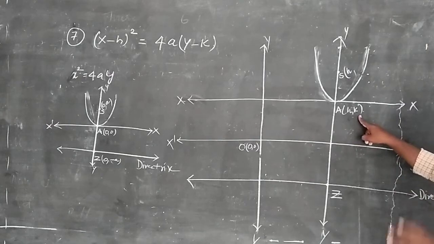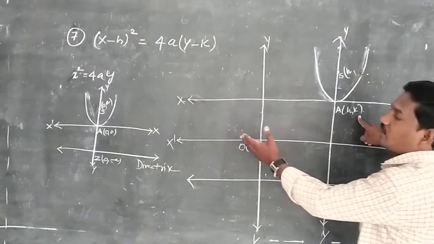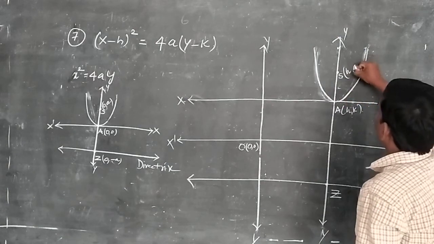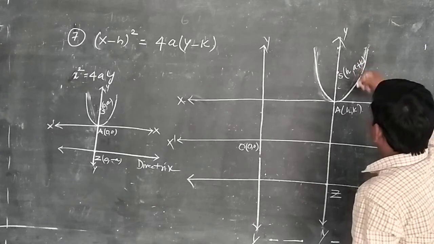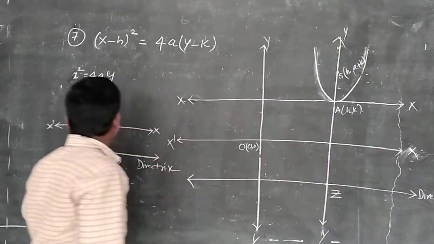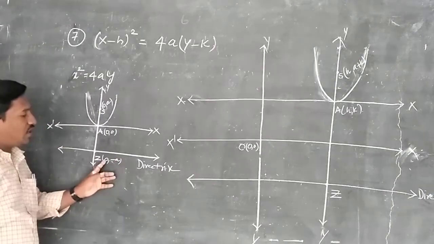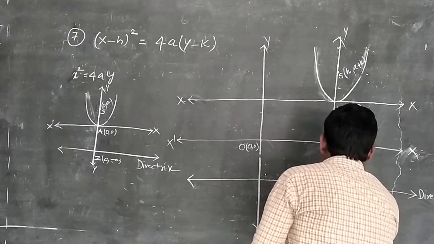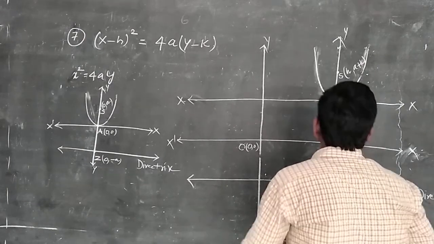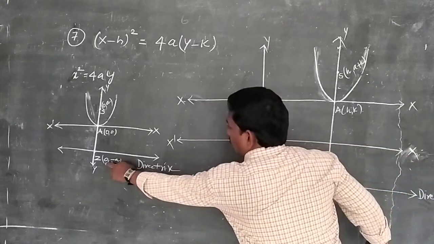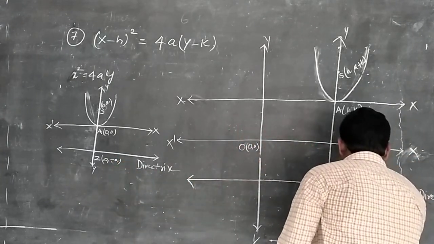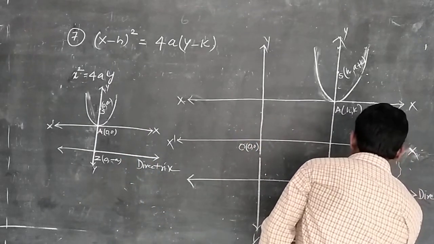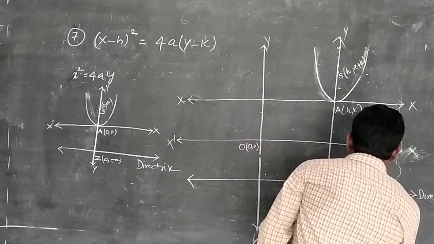H and k should be added to the coordinates of X and Y. And what are the points on the directrix? (0, minus a). Now what we have to write here? This is directrix Z. What are the points? 0 plus h, that means h, minus a plus k.